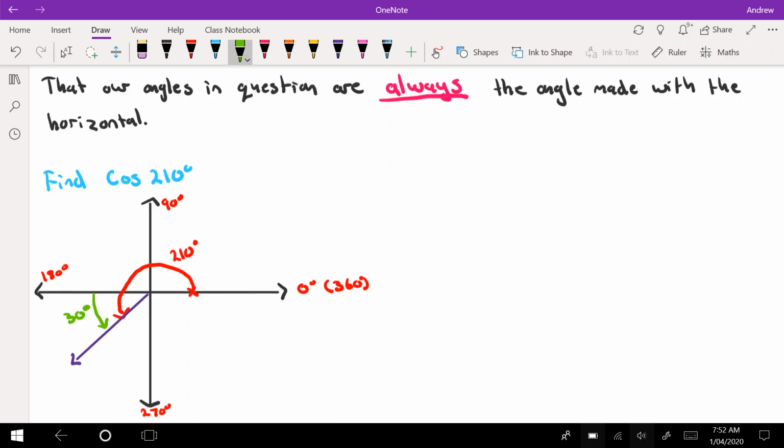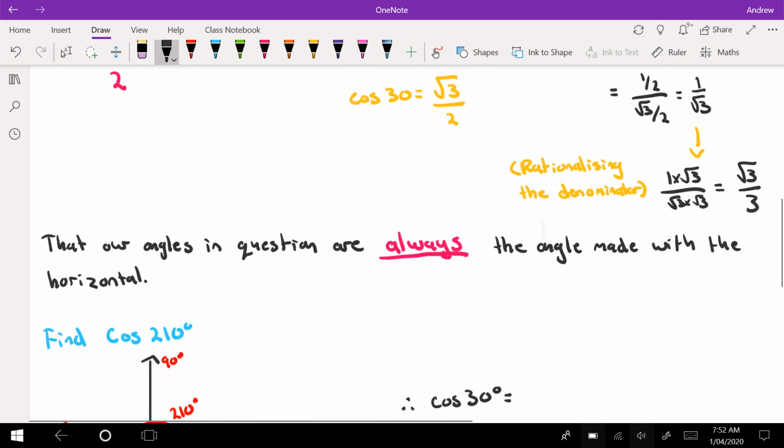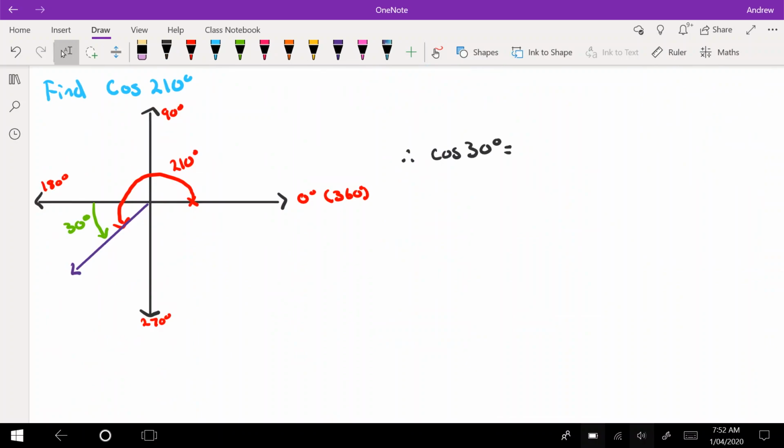So it's 30 degrees. Therefore, we want to find the cosine of 30 degrees. And we figured out from the question before, cosine of 30 is root 3 over 2. So it's going to equal root 3 over 2.